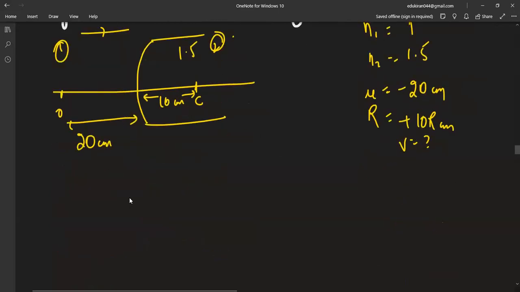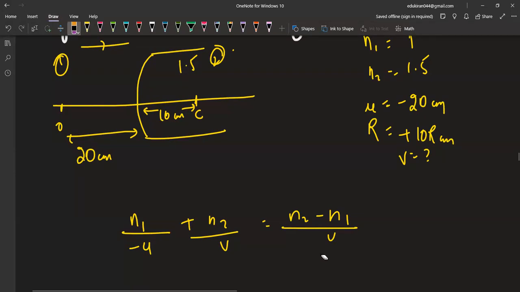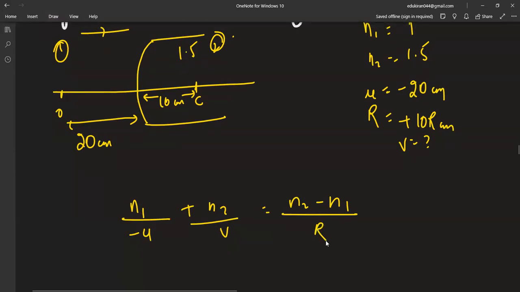So we'll put in the formula n1 by minus u plus n2 by v is equal to n2 minus n1 by r. So substitute in the values.